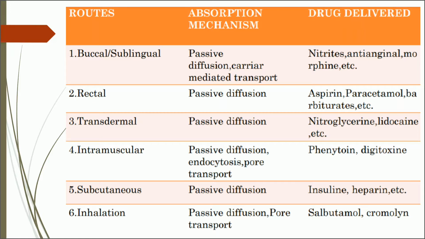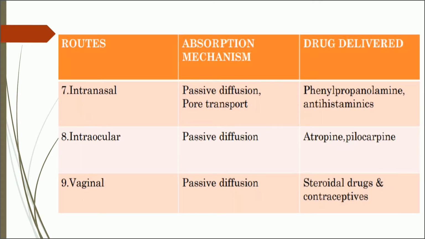Inhalation route of drug administration, which is also known as the pulmonary route. The absorption mechanism involves passive diffusion and pore transport. Salbutamol and cromolyn are examples of drugs administered via this route. In case of intranasal route, the absorption mechanism is passive diffusion and pore transport.